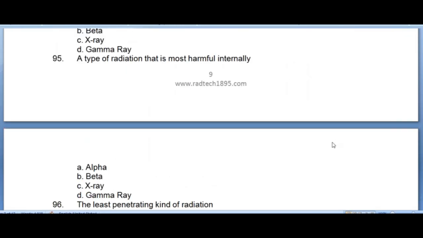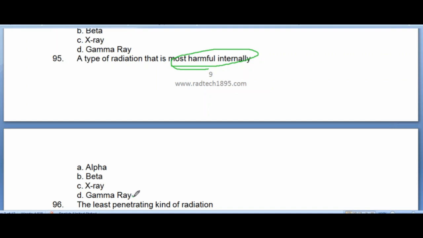Next, 95. A type of radiation that is most harmful internally. So, pag nakapasok sa loob, mahirapan nang lumabas, kaya magiging hazard sa katawan.